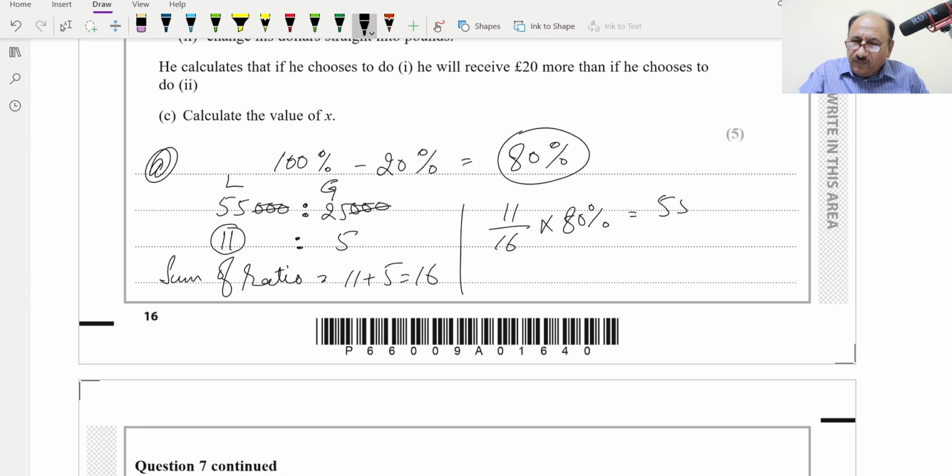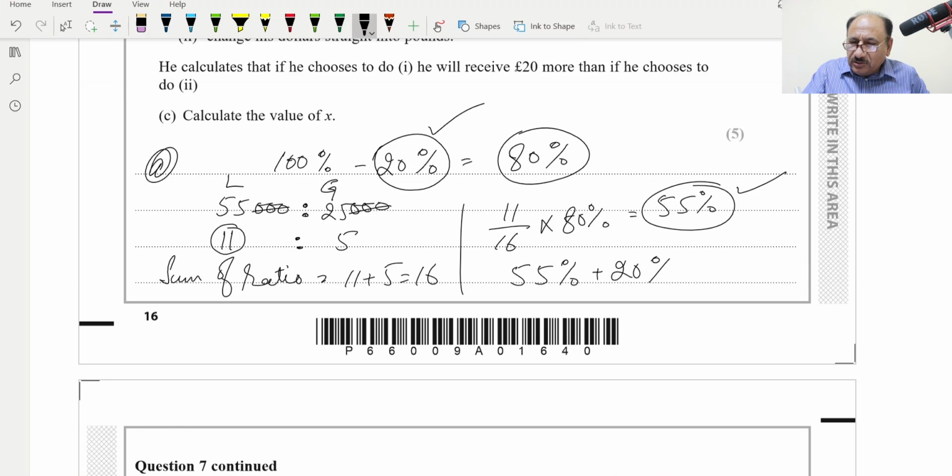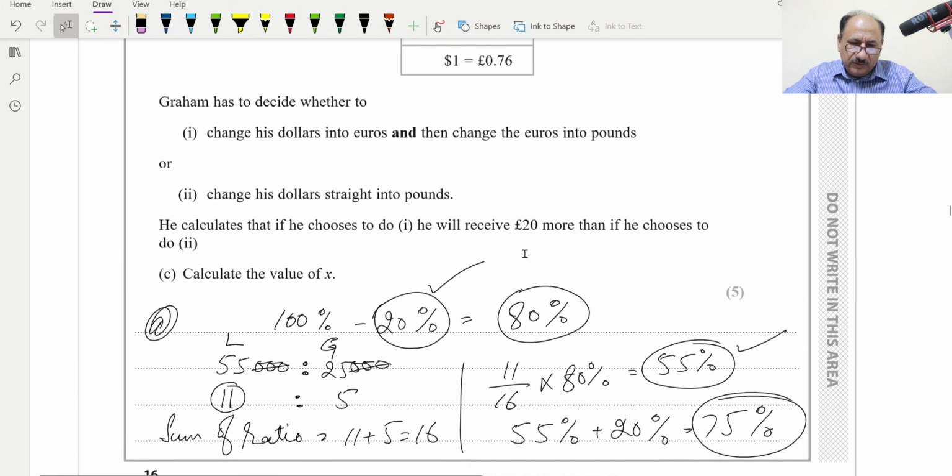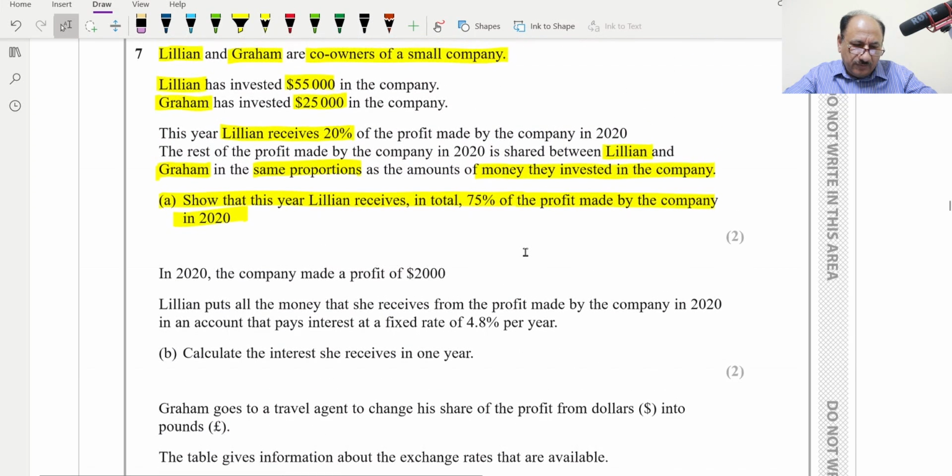So 55% is received from her share, and 20% she has already taken. So the total percentage she is taking is 55% plus 20%, which equals 75%, as required by the question. So we are done with part A.